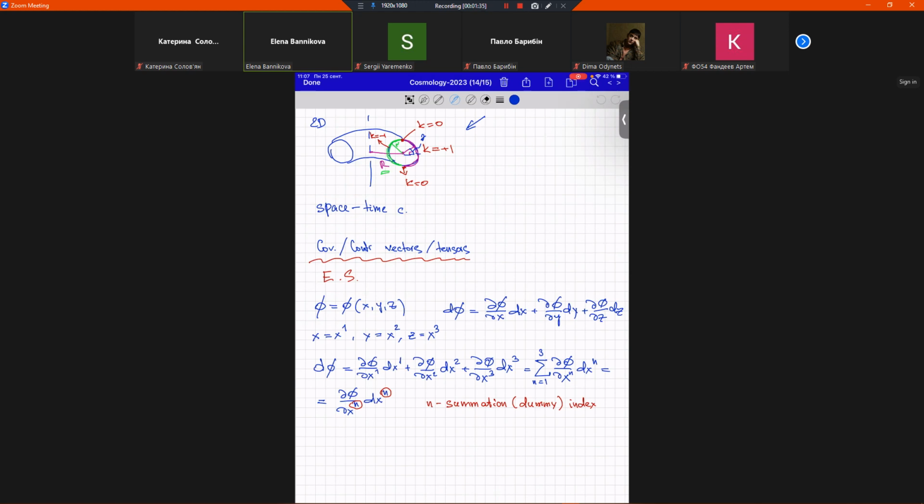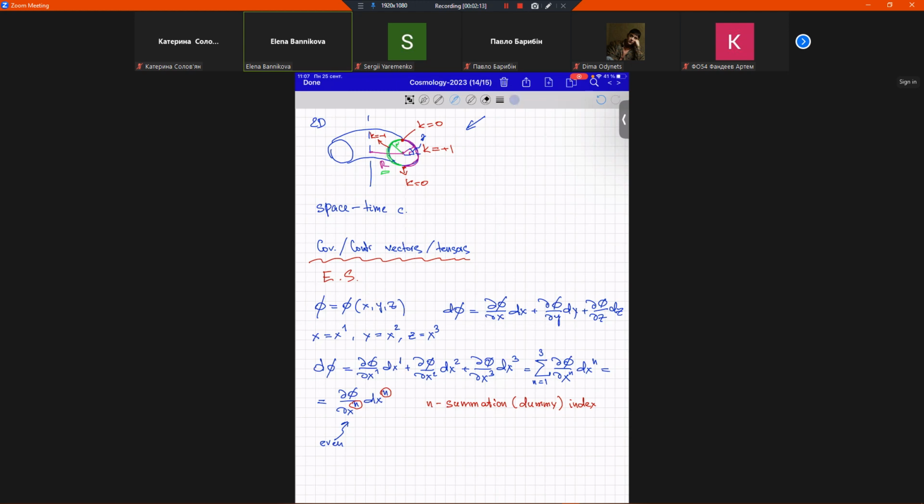So now you understand that if we have even indexes, which, for example, we can meet twice or 4 times, it means that we have a summation.